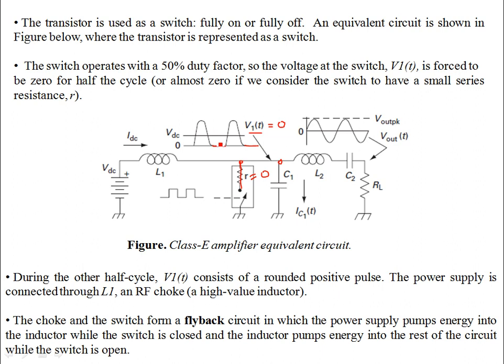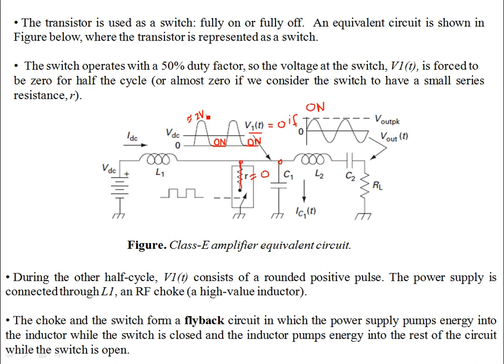So we can say the transistor is on over here, or the switch is closed. Let me indicate this by "on". So V1(t) is 0 if your transistor is on, and it is pulsating with approximately an amplitude of 2 VDC, as we have discussed before, when the switch is off.